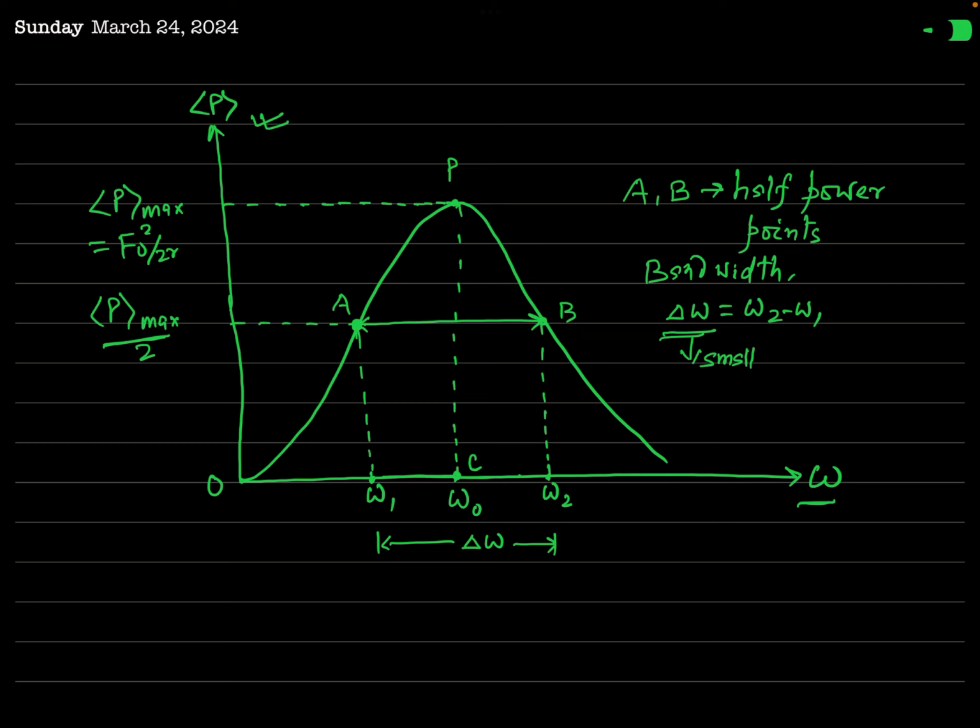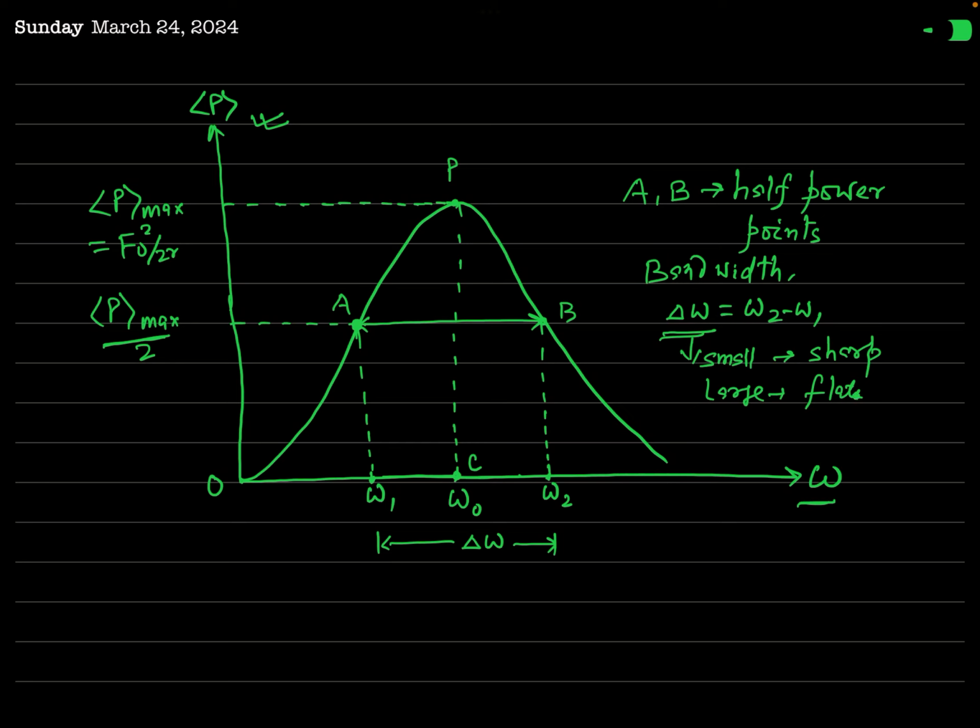So you can say when delta omega is small, resonance will be sharp. And if it is large, not small, then resonance will be flat.